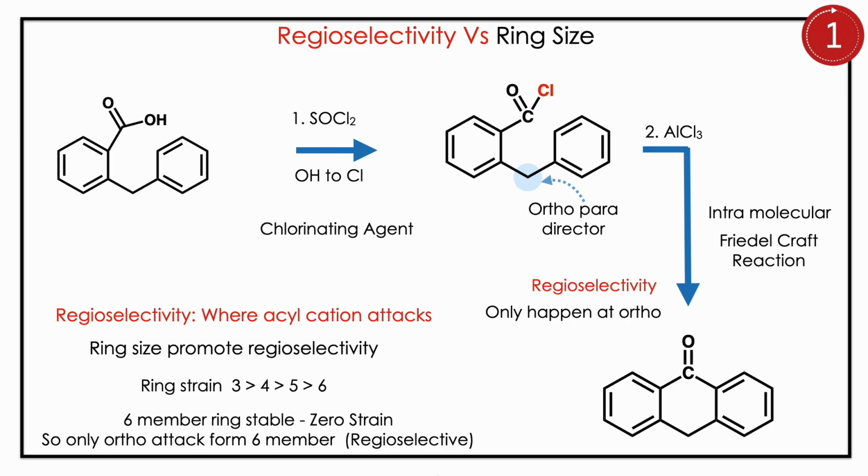Because ring size promotes the regioselectivity here. Only a 6-member ring is stable, not the strained rings. If you look at the ring strain, the 6-member ring is least, the 3-member ring is highest. So the 6-member ring always forms. So the concept outlined here is that regioselectivity can also be influenced by the size of the ring in the cyclization reaction.